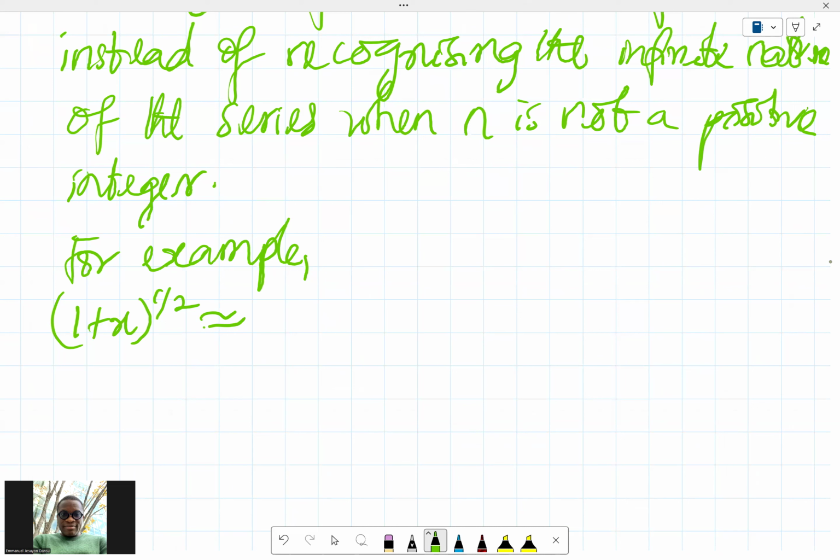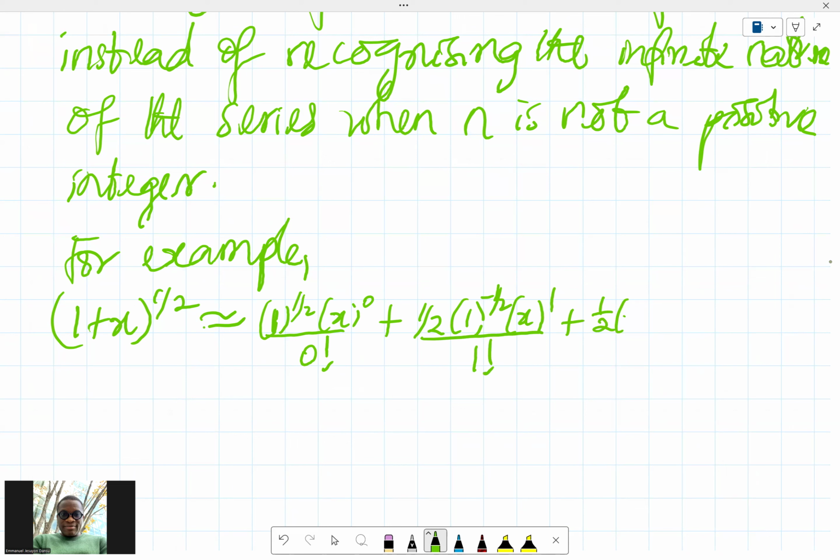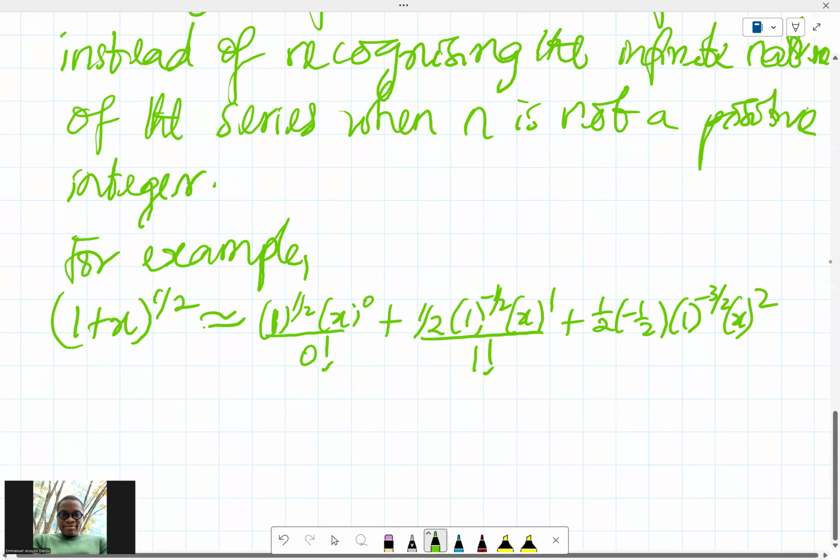So in this case, you're just going to have 1 raised to power half, then x raised to power 0 over 0 factorial, plus half into 1 raised to power half minus 1, that's minus half, into x raised to power 1 all over 1 factorial, plus half into minus half into 1 raised to power minus 3 over 2, x raised to power 2 all over 2 factorial. Don't forget that it continues forever.